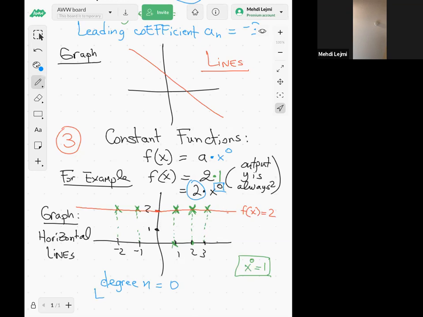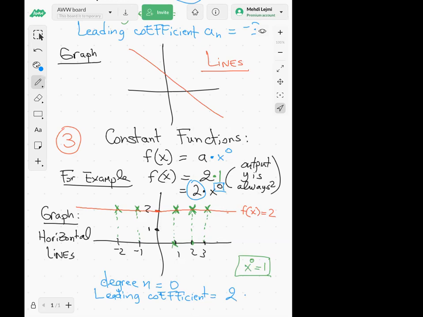So even constant functions are polynomials, and the degree is just 0, right? Any question, guys?